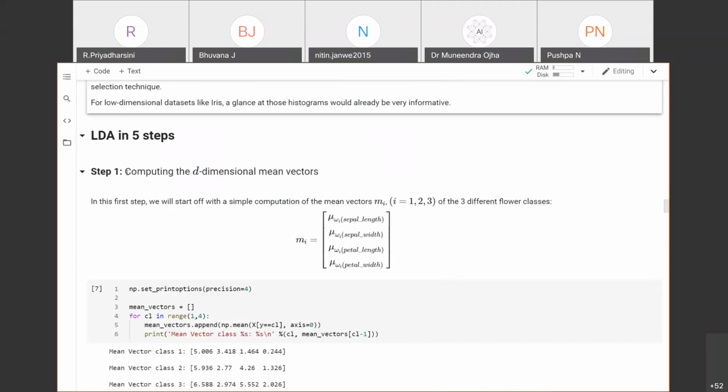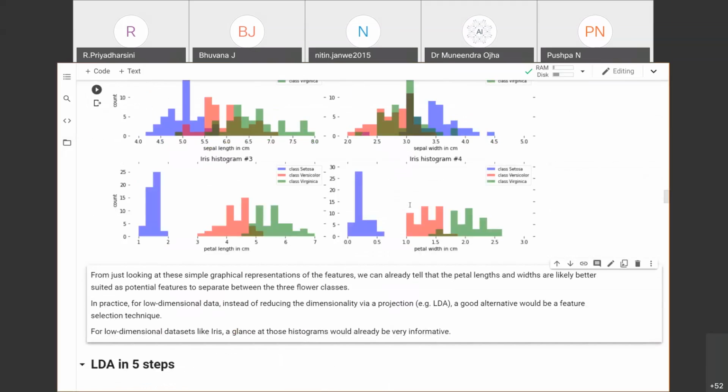The first step was computing the d-dimensional mean vector. In the first step, we will start off with a simple computation of the mean vector. How many classes do we have? We have 3 classes. For all 3 classes, for 4 features, we are going to create m_i.